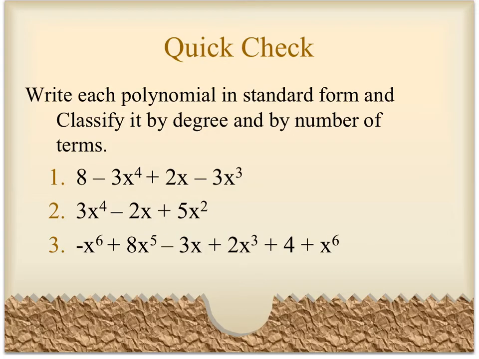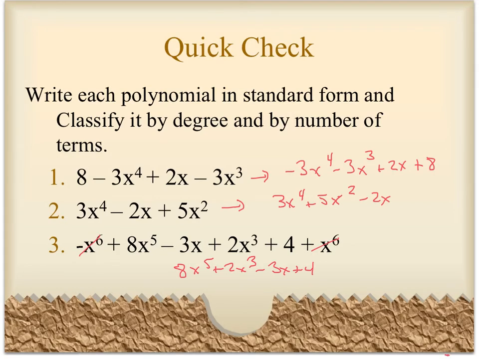Okay, and lastly, give yourself a quick check here. Maybe pause it, confirm with the rest of the video. Write each polynomial in standard form and classify it by degree and number of terms. So I would pause the video right now, test yourself, and then look back at the video for the solution.